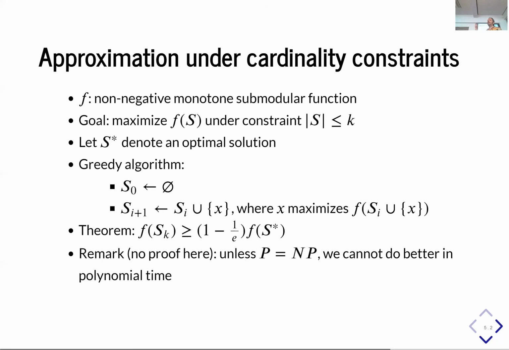After 2 elements, you get S2, S3, S4, etc. And S_k will have k elements, and this is the value that you will propose, the greedy solution. Okay. So where is the 1 over e coming from? You will have a proof. So surprise.